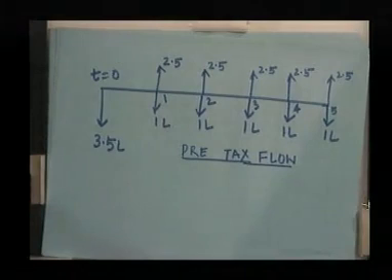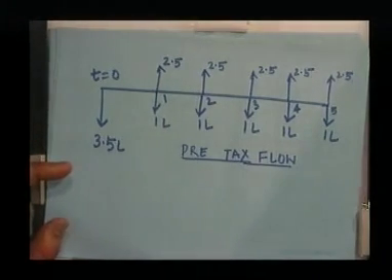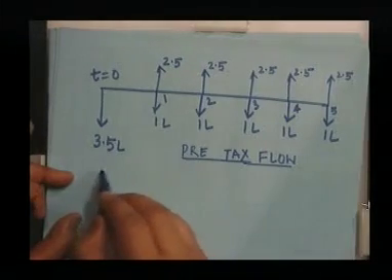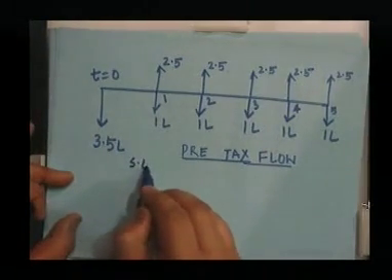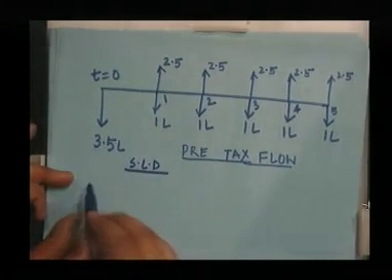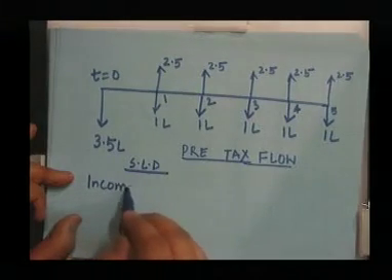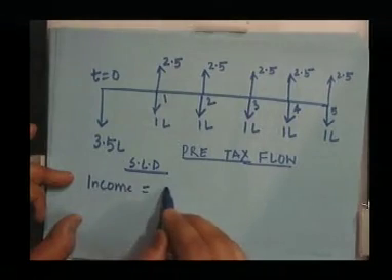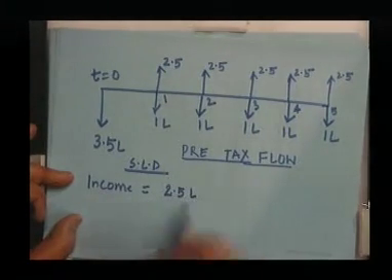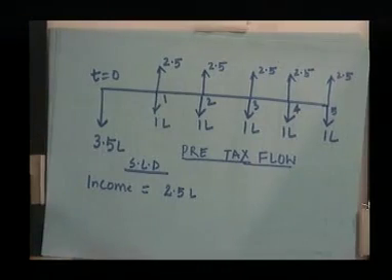Now I will illustrate with the help of the straight line method of depreciation first. So let's assume straight line depreciation. Income for year 1 and for all the years is 2.5 lakhs.